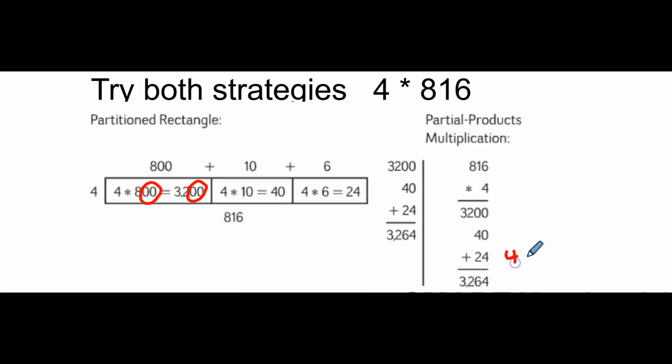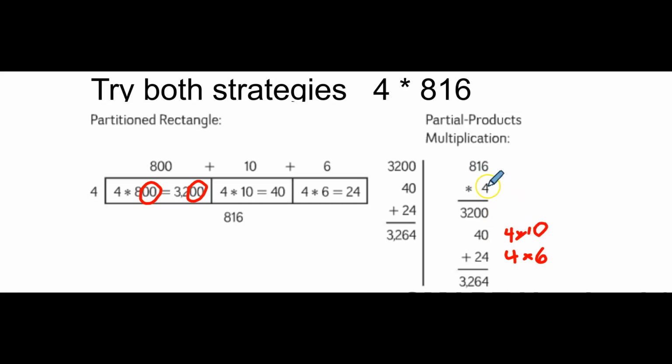Also, while you get used to this strategy, I would label what my multiplication factors were next to my partial product so that I don't lose my place. Now I'll move to my tens place, and I'm going to multiply my 4 by 10. 4 times 10 is 40.